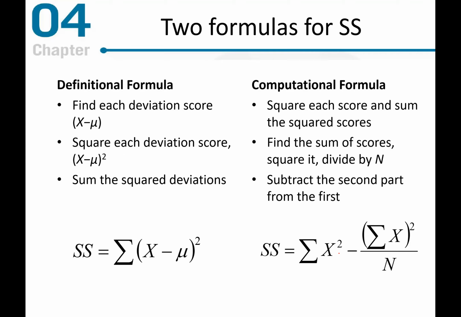However, if the mean ends up being a fraction or a decimal value, or you have a lot of scores, then it would be easier to calculate the sum of squares using the computational formula. So let's go over some problems looking at that.